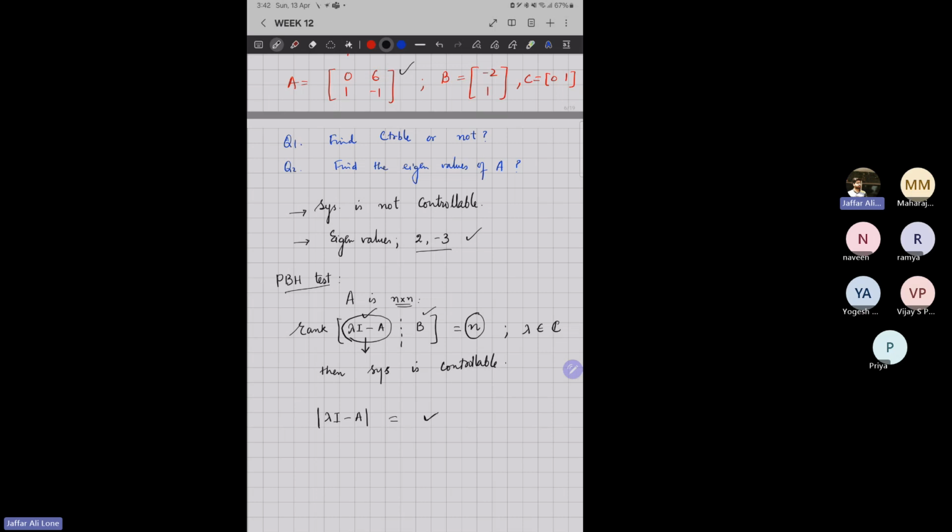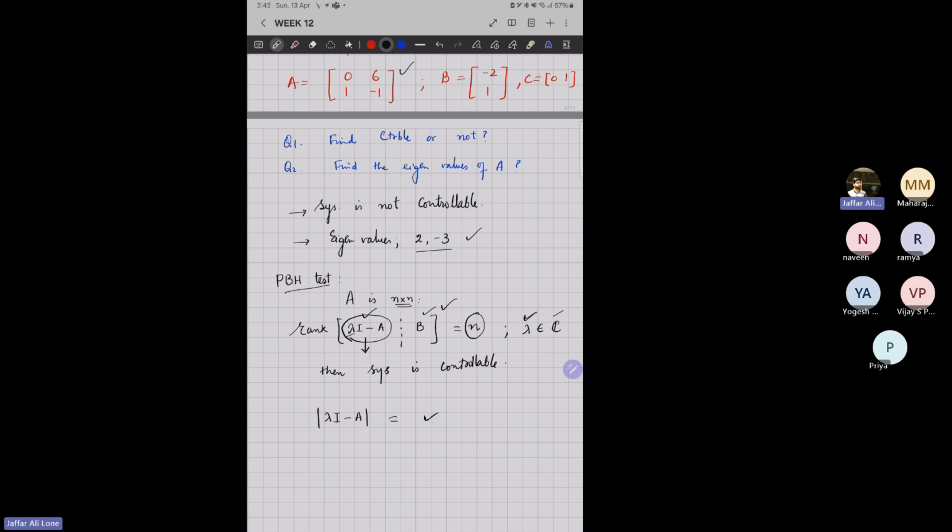So it means the rank of lambda I minus A, B can only be rank deficient on the eigenvalues of matrix A. So you don't have to put lambda any value in the complex plane, you only have to check the eigenvalues, because only on those values this can be rank deficient, otherwise this is always full rank, right?